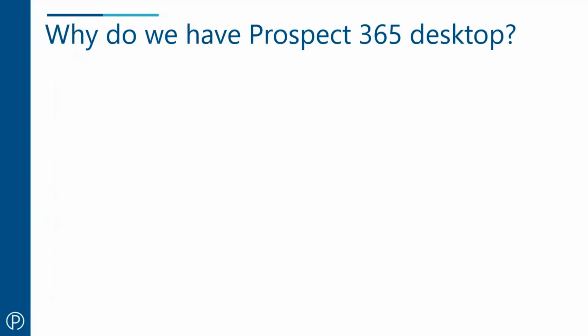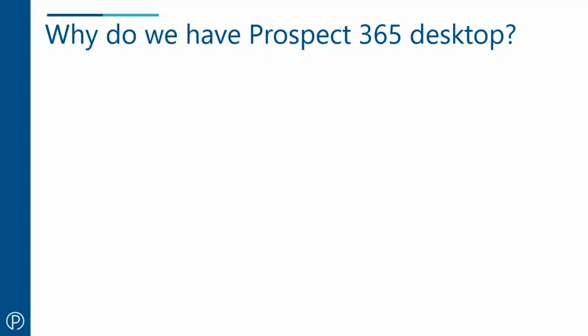So first off, why do we have the Prospect 365 desktop app? Many of you may be asking, what was it for? Why did we build it? Most of you who are using or partly using the desktop app are more than likely previous version 6 CRM customers. You will likely have been previously using our version 6 on-premise CRM.